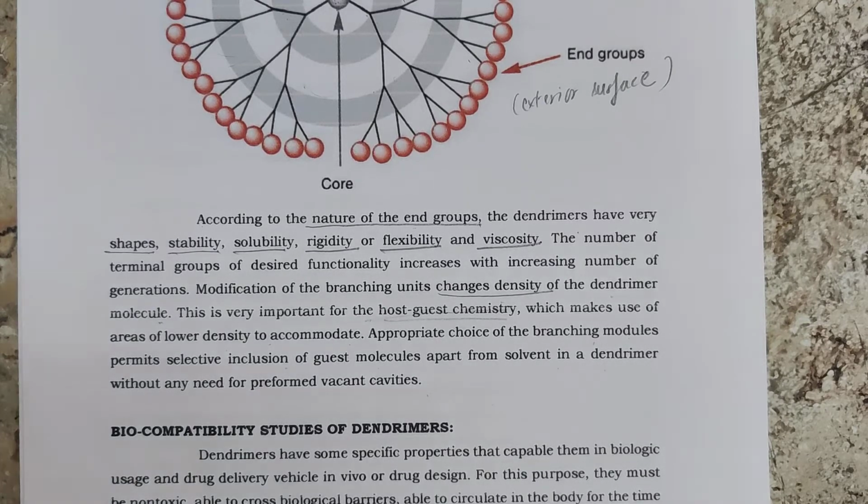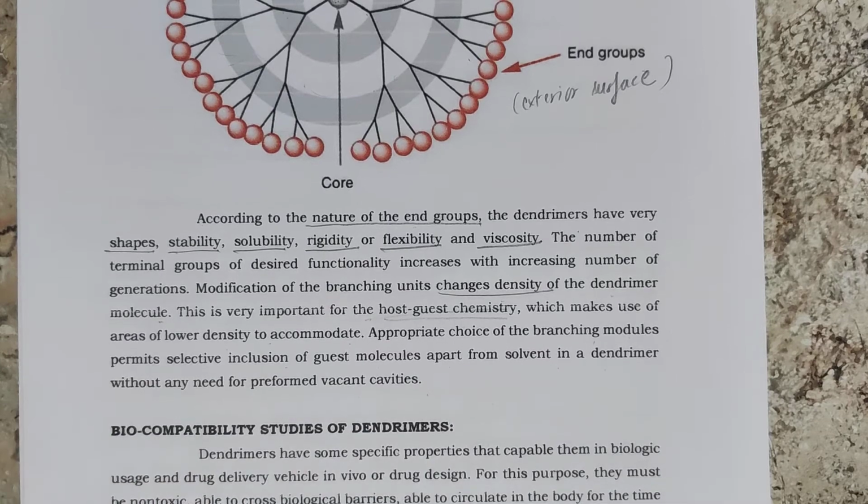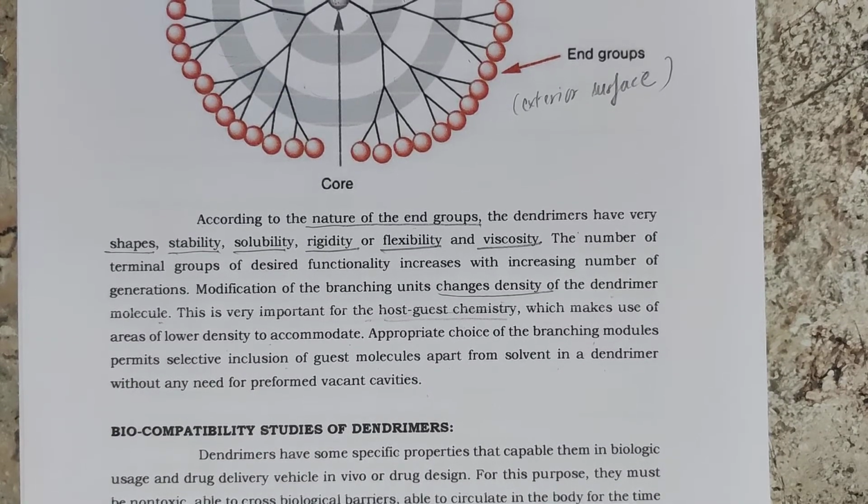So guest molecules ranging from smaller up to 10 nanometer can be accommodated, and depending upon the charge, all those things also matter. But depending upon size, from smaller sizes up to 10 nanometer, the guest molecule can be accommodated. So depending upon size, you cannot be specific if your cavity is not of a fixed diameter.